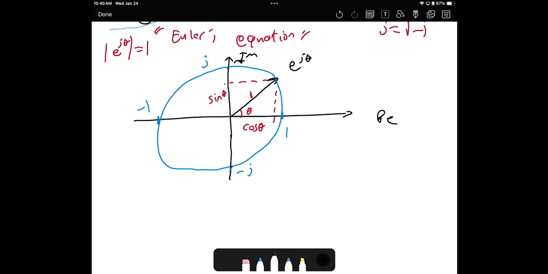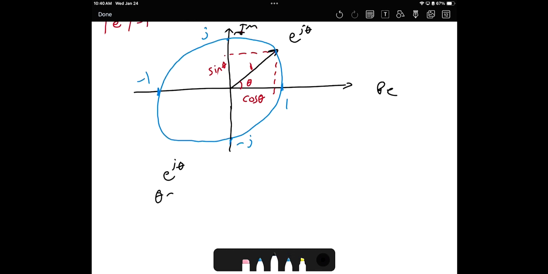So again, in Euler formula here, we have e power j theta. When theta equals 0, this will yield e power j0, which is equal to 1. Then when theta equals pi over 2, or in other words 90 degrees, e power j pi over 2 equals j.